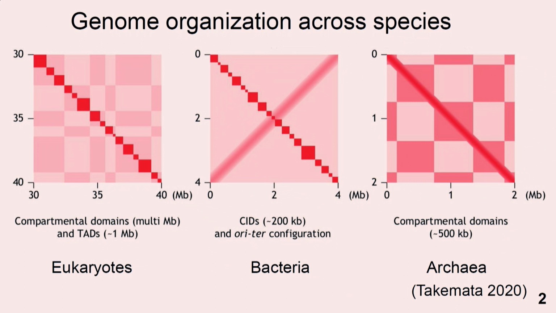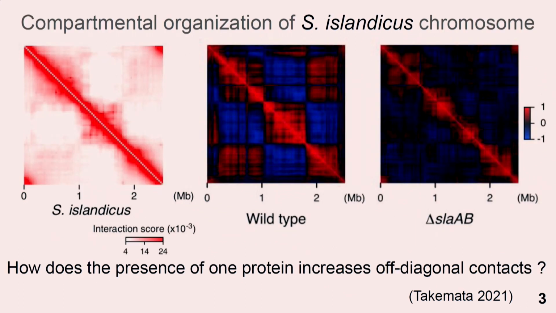Then the same group did some experiments in archaea. The species is called Sulfolobus islandicus. You see certain diagonal terms here, but also some off-diagonal terms. This Hi-C contact map can be converted to a map of correlation coefficients, which enhances the contrast.